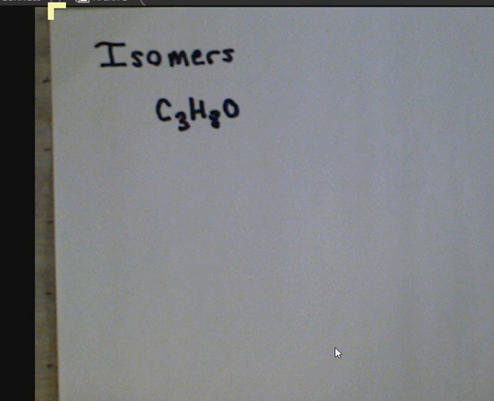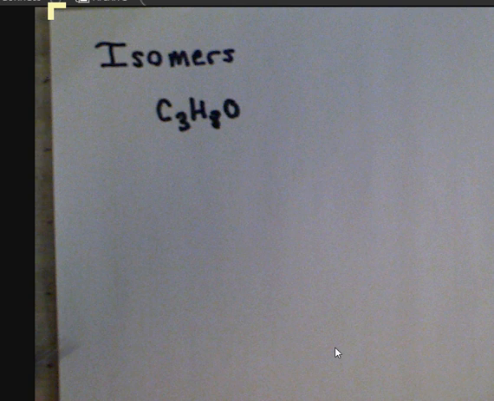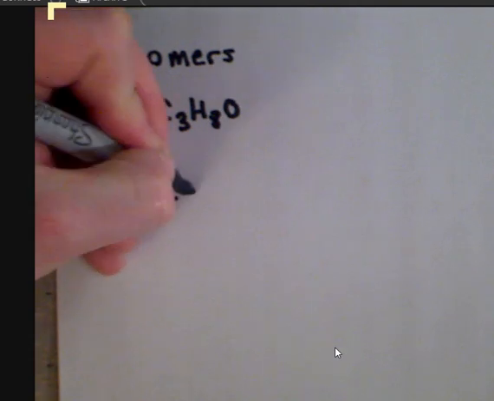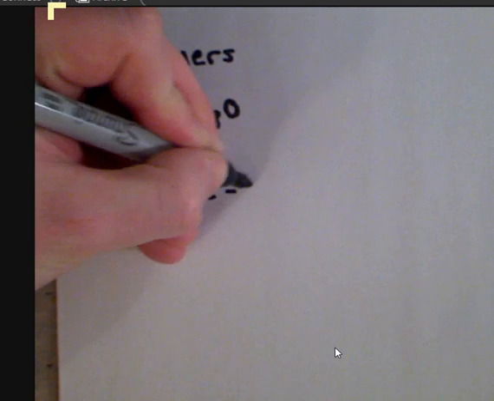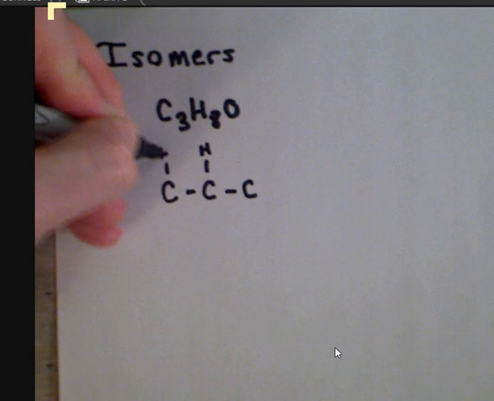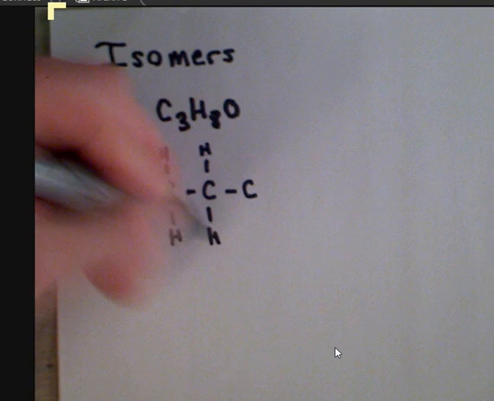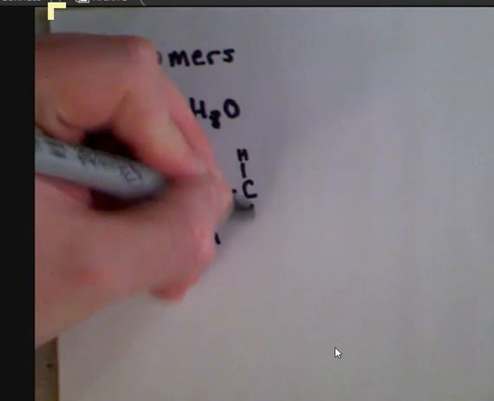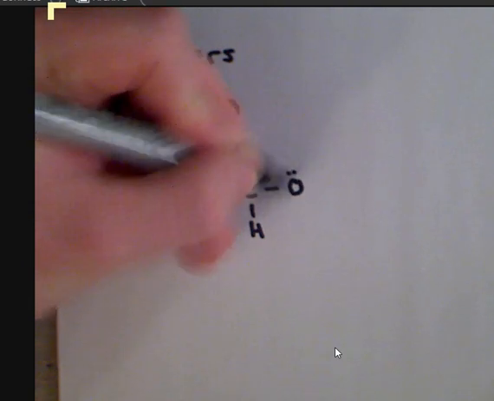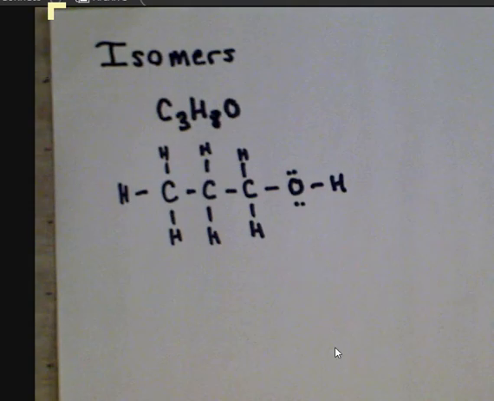C3H8O. We can arrange this molecule in a number of potential ways. We could arrange it such that all three carbons are in a straight line, or a chain, and at the end of that, we have oxygen attached to the last hydrogen.